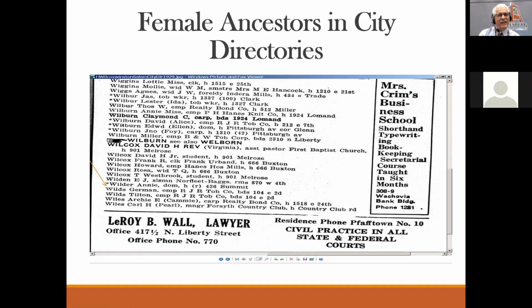And another thing is that two of her 11 children are living with her. My father, Howard, was an employee at the Haynes Hosiery Mills, and my uncle Frank was a clerk at Frank Urban, which was a men's clothing store in town. So you can find out an awful lot from these things if you know where to look.